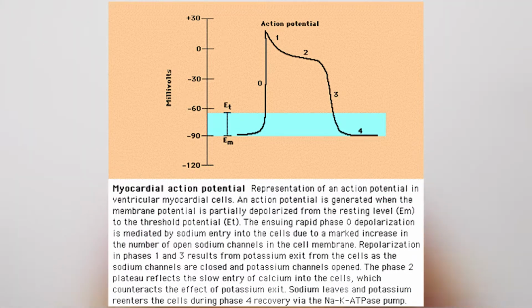The myocardial action potential: the representation of an action potential in ventricular myocardial cells, you can see in this particular picture. An action potential is generated when the membrane potential is partially depolarized from the resting level, written here as EM, see the diagram, that is the resting potential.